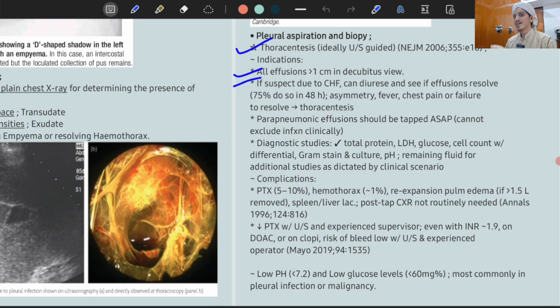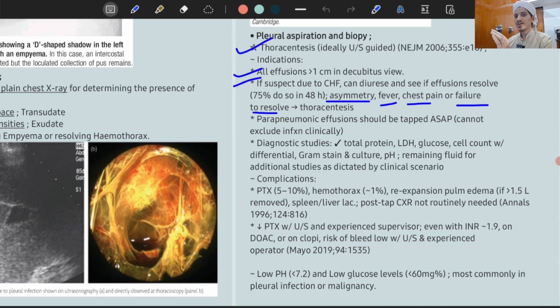If there are atypical signs in congestive heart failure, like if there is asymmetry of effusion, one side more, one side less, or if there is associated fever, associated chest pain, or failure to resolve even after giving furosemide injection.